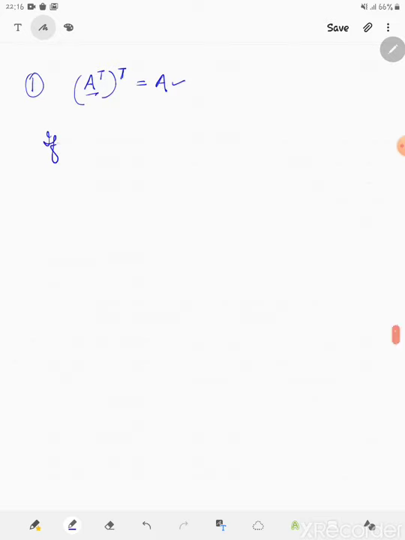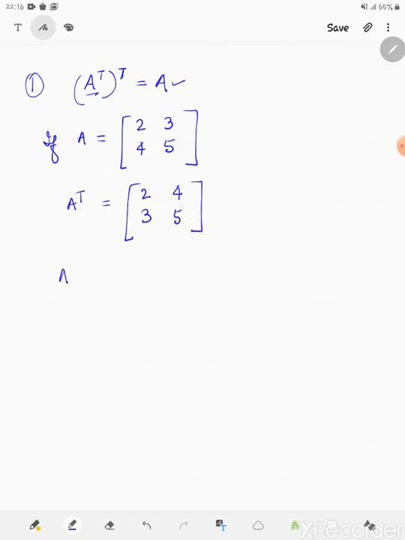Say suppose A is given to us. A is 2, 3, 4 and 5. So what is A transpose? A transpose will become 2, 4, 3, 5. And the transpose of A transpose will be equal to again 2, 3, 4, 5.